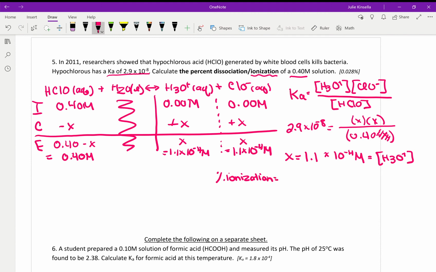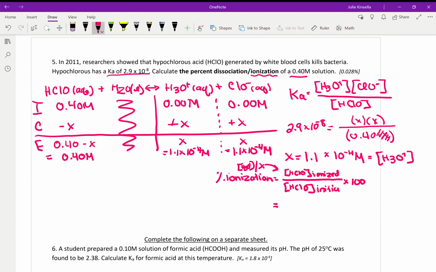is going to be essentially the same as when we do our check of our change being less than 5%. Because how we're going to do this, we're going to have HClO that ionized, okay, which really, that is just x, which is really just the concentration of our hydronium, okay, over the initial concentration, times 100.